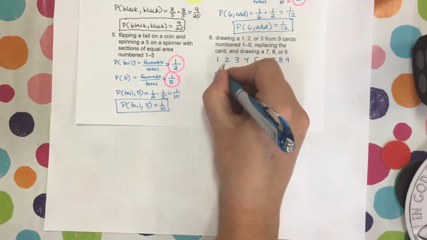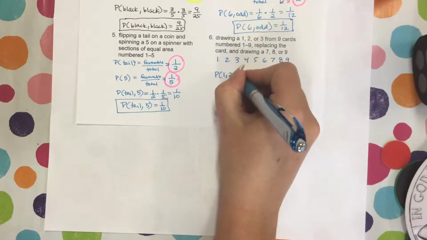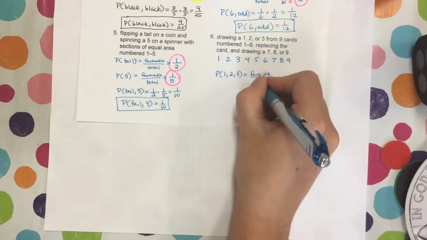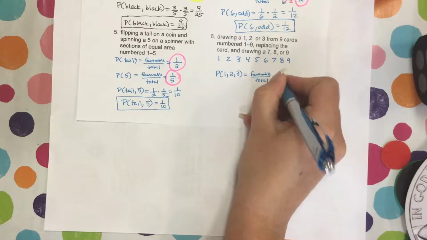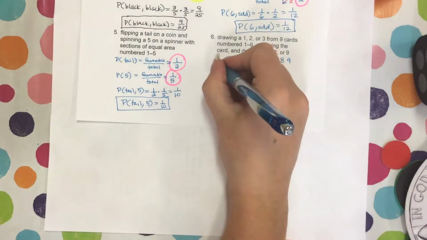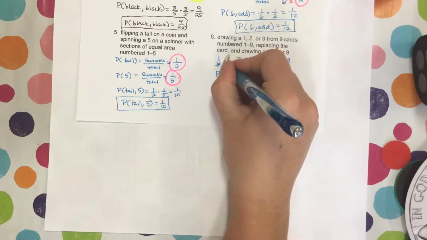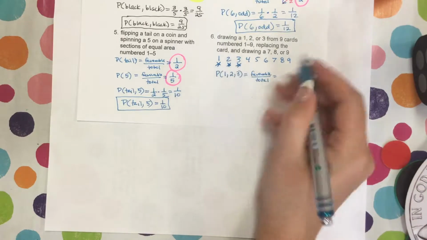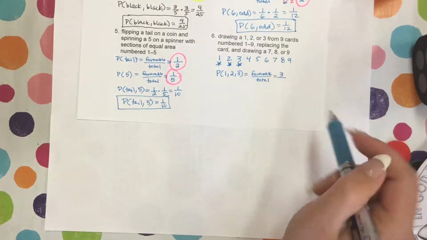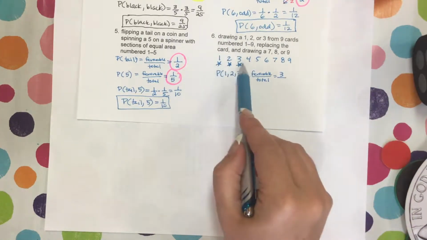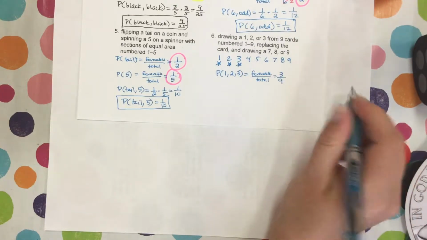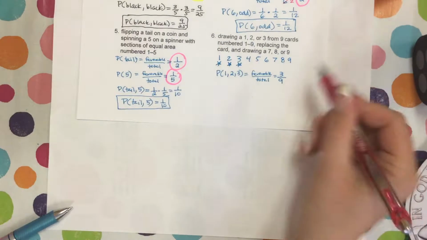The probability is going to be the favorable over the total. So we want to draw a 1, a 2, or a 3, which means there are 3 favorable out of a total of 9 cards.